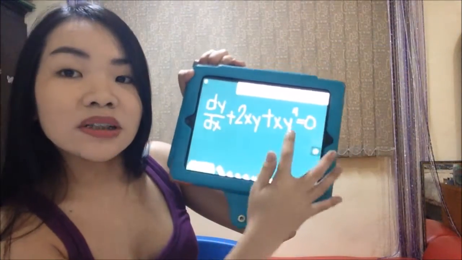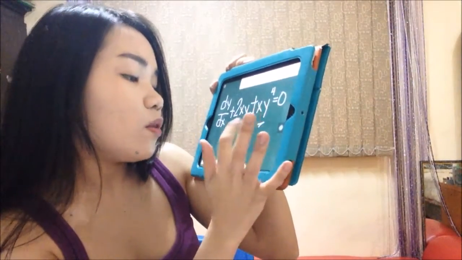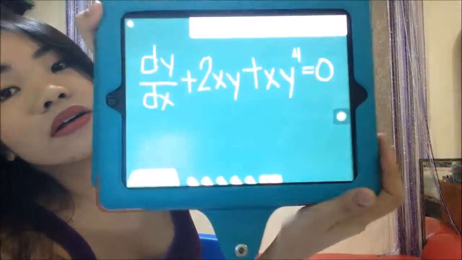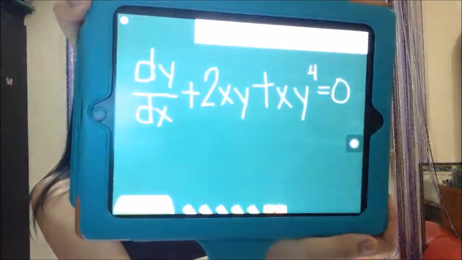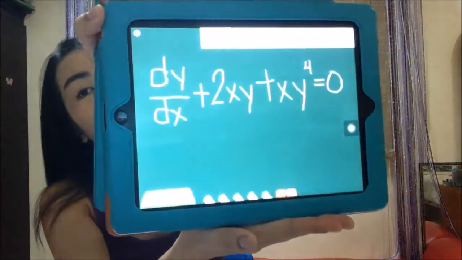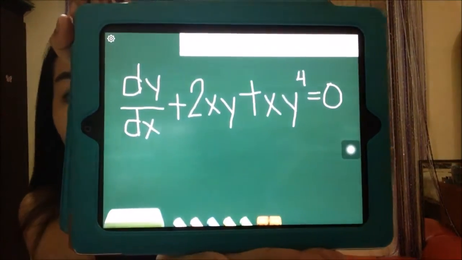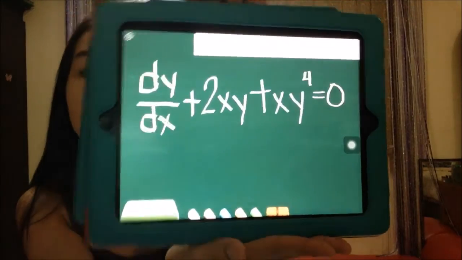We're going to transpose the x y raised to 4, and we get dy over dx plus 2xy is equal to negative x times y raised to 4.